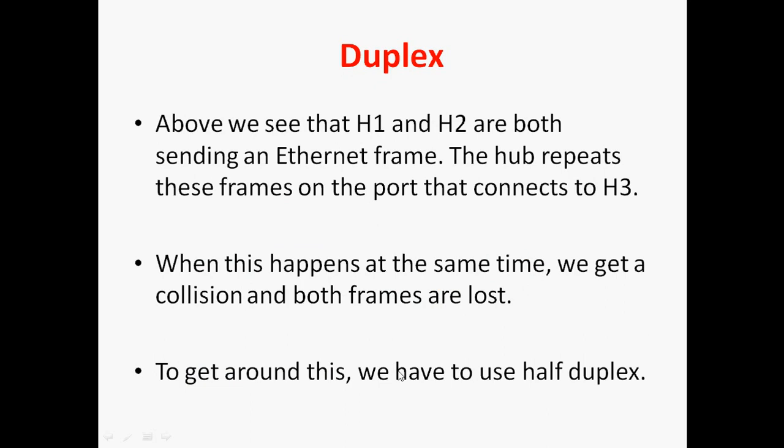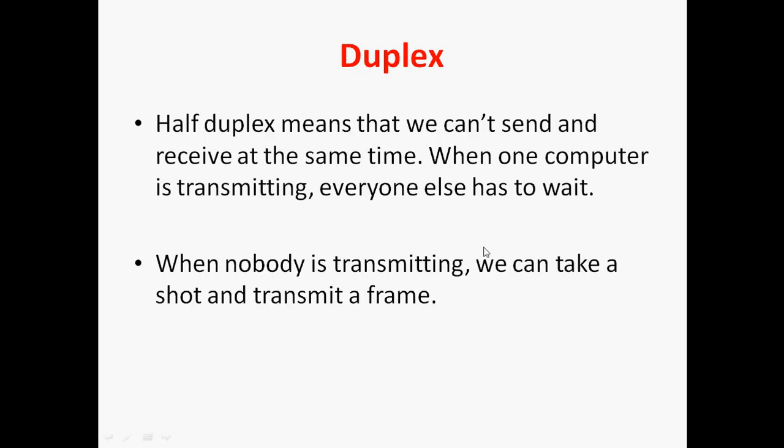To get around this, we have to use half duplex. If you are using half duplex, we cannot send and receive at the same time. When one computer is transmitting, the rest of the computers should listen and wait.